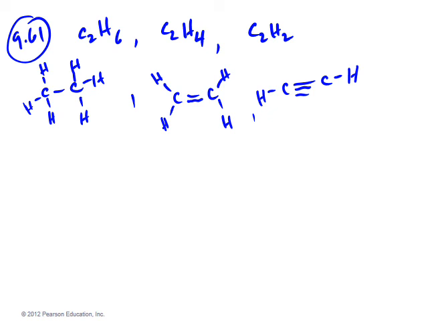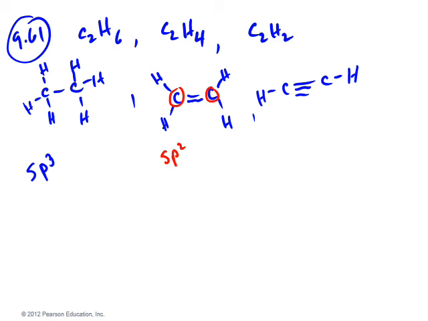For the first molecule, each carbon has 4 pairs of electrons, so it would have sp3 hybridization. The second one has 3 electron domains, because a double bond is counted as a single electron domain. So having 3 of them, each of these carbons would be sp2.